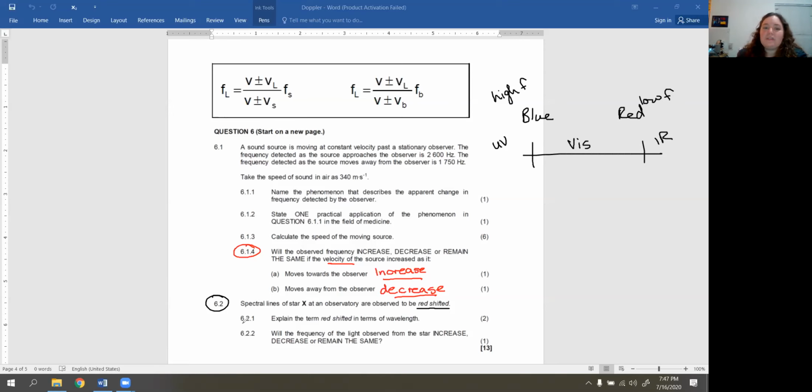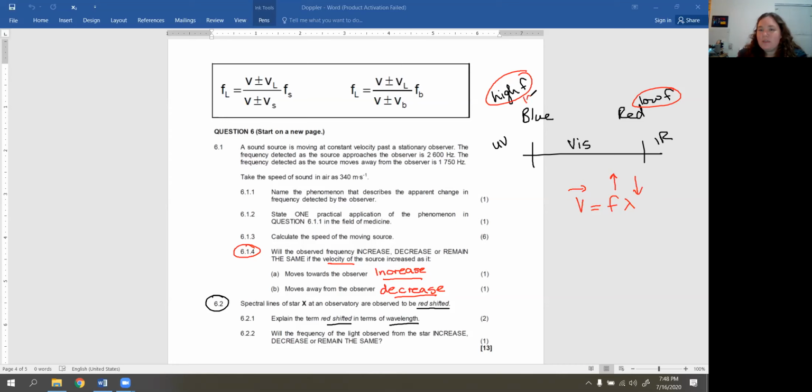Where it says explain the term redshifted in terms of wavelengths: I did everything here in terms of frequency. This is a high frequency and a low frequency. Since v equals f lambda and v is constant, our rule is if you've got a high frequency, you've got a low wavelength.